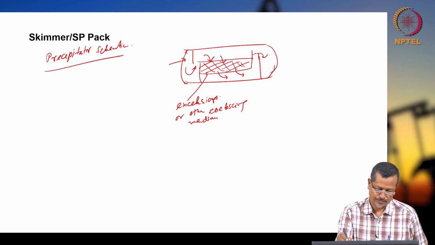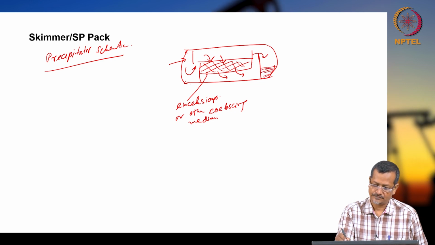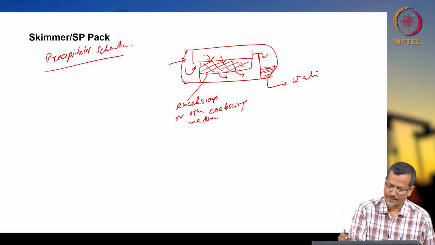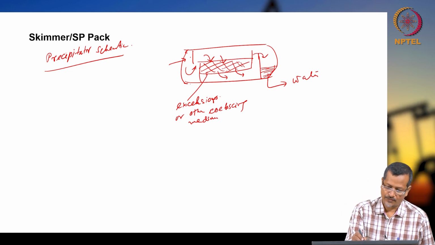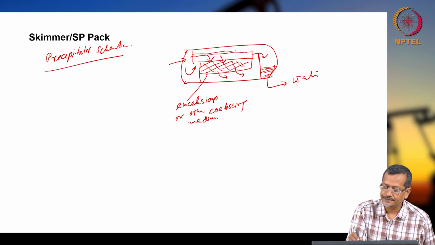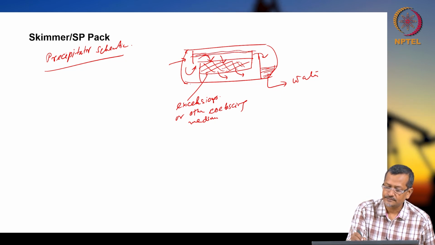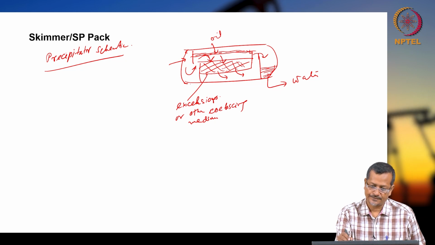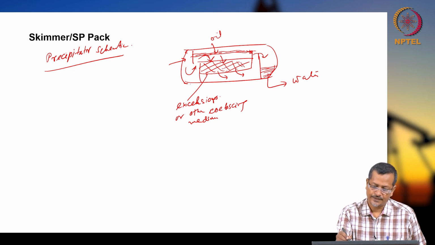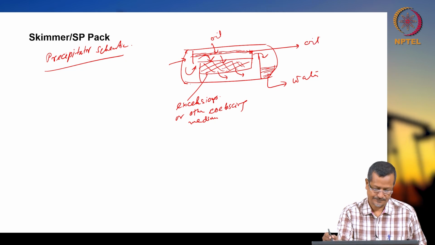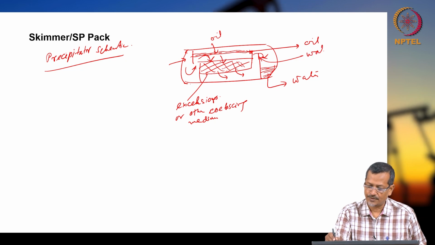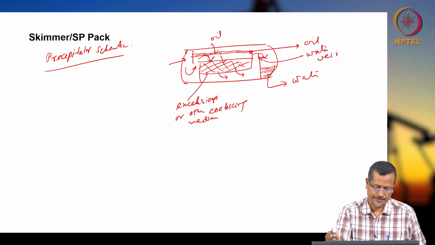Then you are creating a water leg here, and an oil leg here, and then you have to create a weir also, and from there you take the oil. Water is here, the water outlet is here.